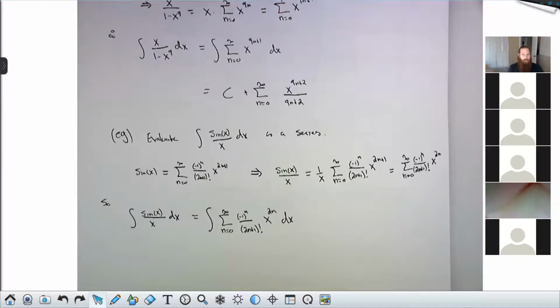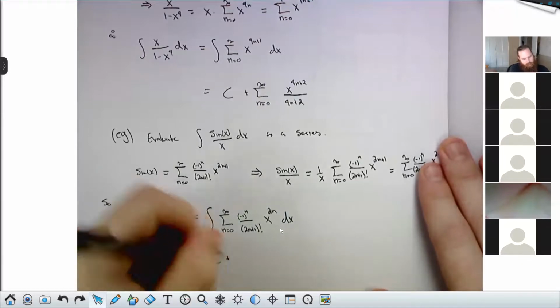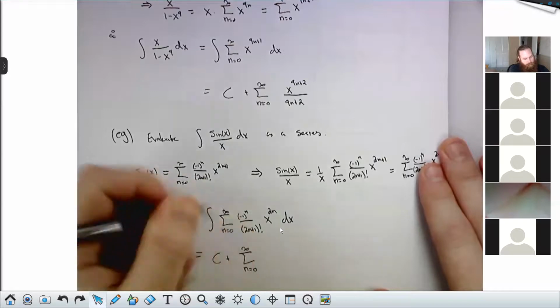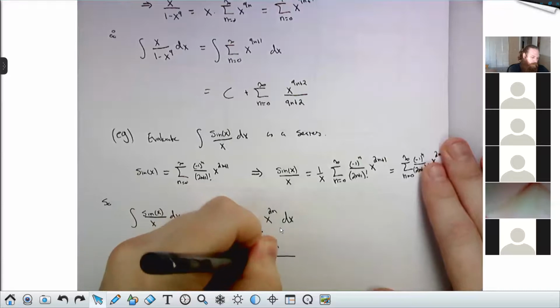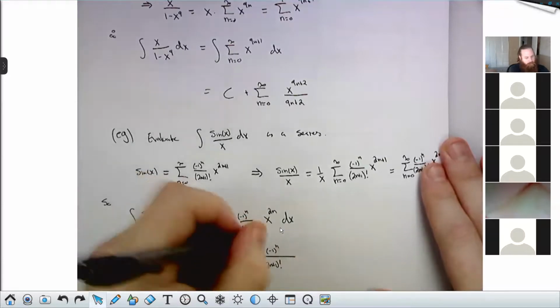And now we do the integral just like we do any other series integral. You add 1 to the power of x and divide by that new power. Don't forget your plus c out front. The index never changes when you integrate. So you have -1 to the n. You've got your 2n plus 1 factorial, just chilling.